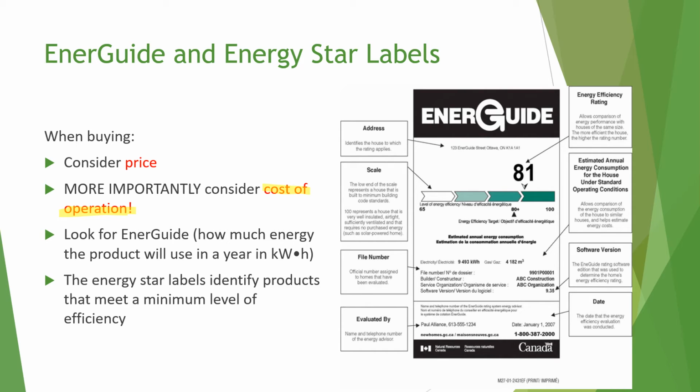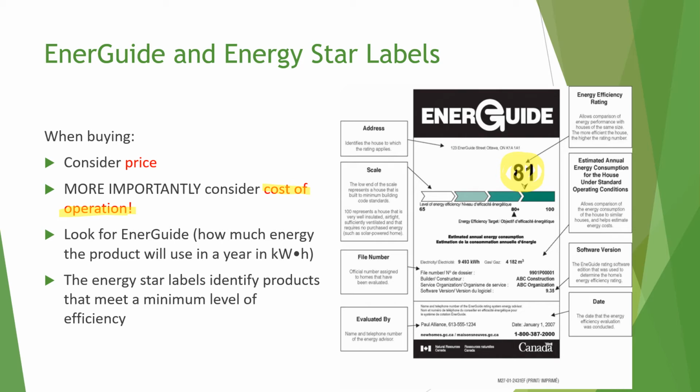So it's very important to look for the EnerGuide. If you look right here, this 81 is giving the energy efficiency rating. Something might be cheaper to buy upfront, but it might be much more expensive and inefficient to run or power over the years. So it's good to look for this energy efficiency rating.